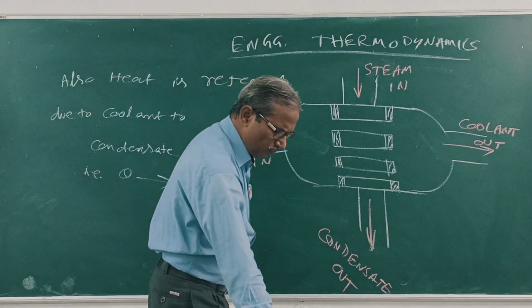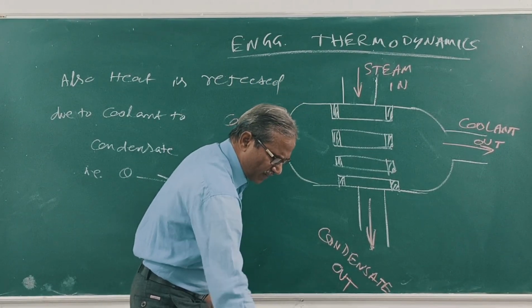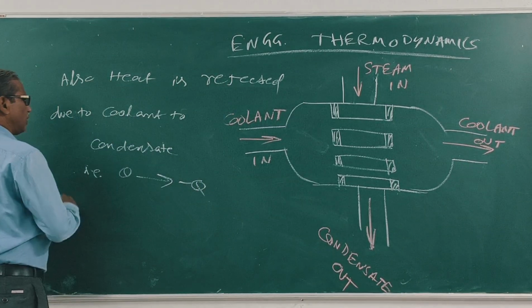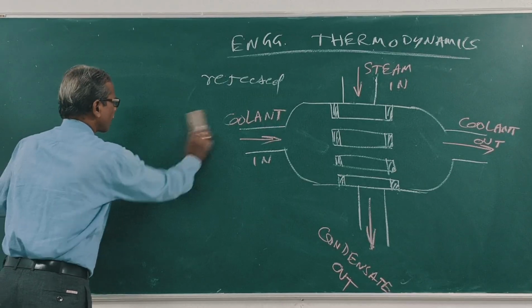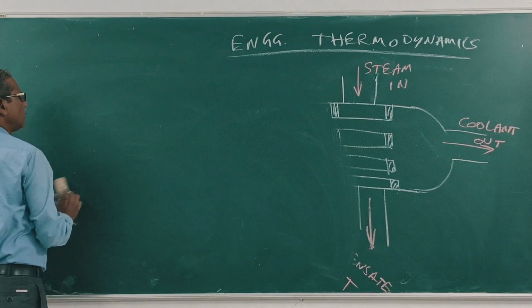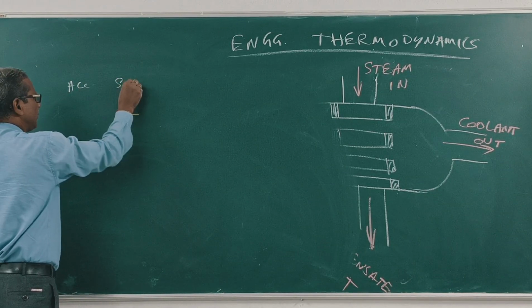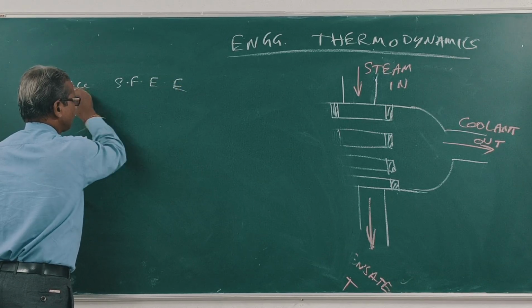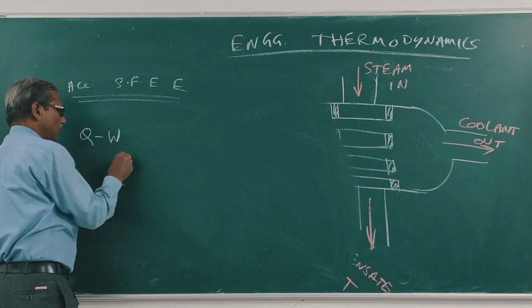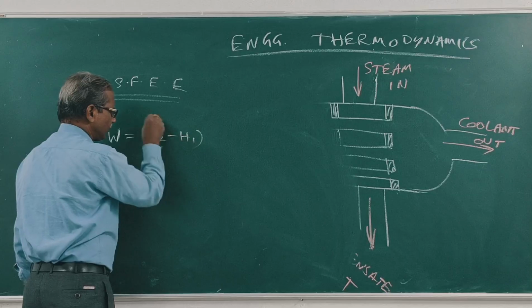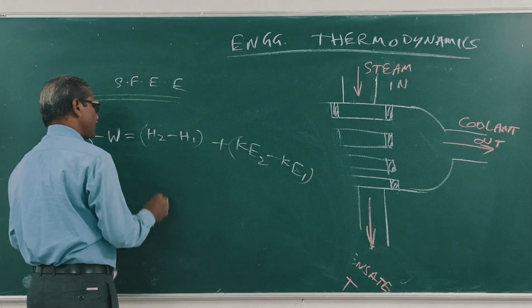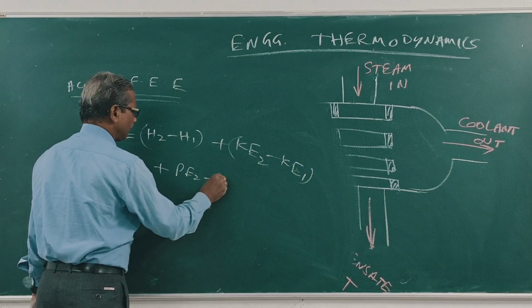So putting the values in the steady flow energy equation, Q minus W is equal to H2 minus H1 plus K2 minus K1 plus P2 minus P1.